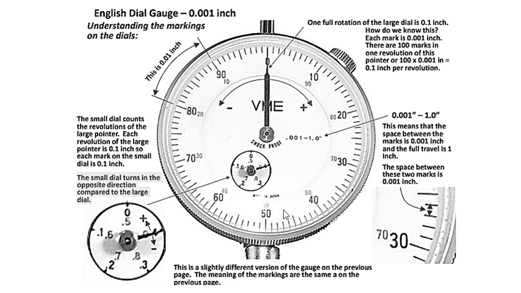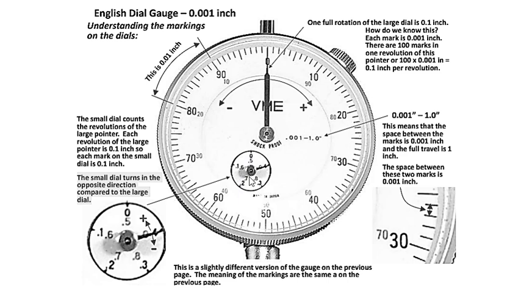This is another example showing the same thing, but a little bit different, because this one goes 0.001 all the way to 1 inch, and of course you also have a turn counter. The small dial turns in the opposite direction, counterclockwise, while this one goes clockwise. This turn is always opposite to the turn of the larger dial. Your small counter counts the revolutions of your larger pointer, and each revolution of the larger pointer is 0.1, which we can see on the small dial.